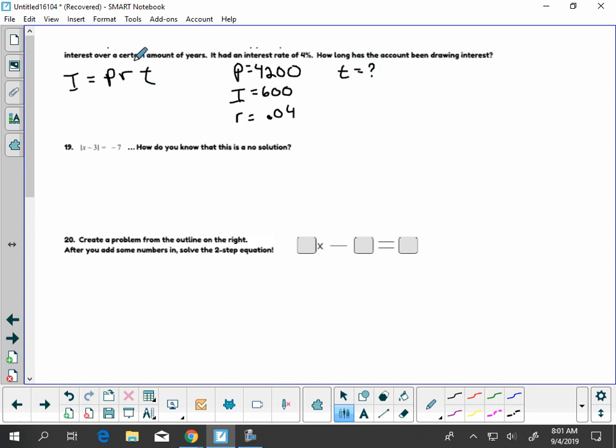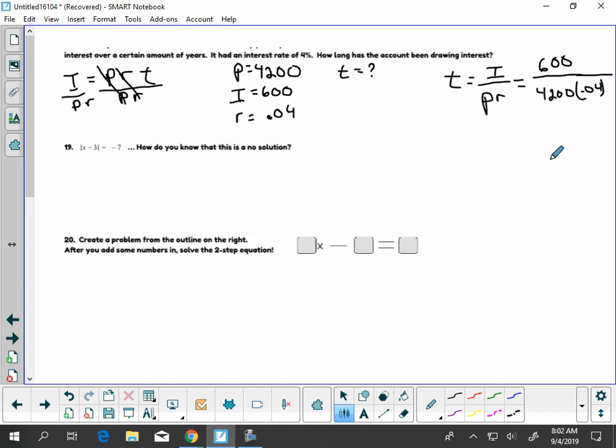So I'm going to go ahead and get that t by itself by dividing by P R. Those P's cancel. So I know that t equals I over PR. So 600 over 4,200 times 0.04. You have to simplify the denominator first.